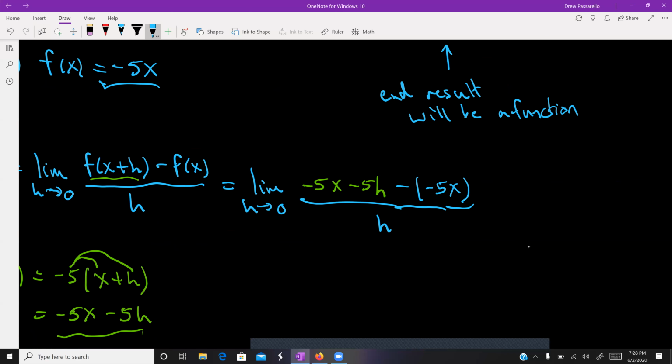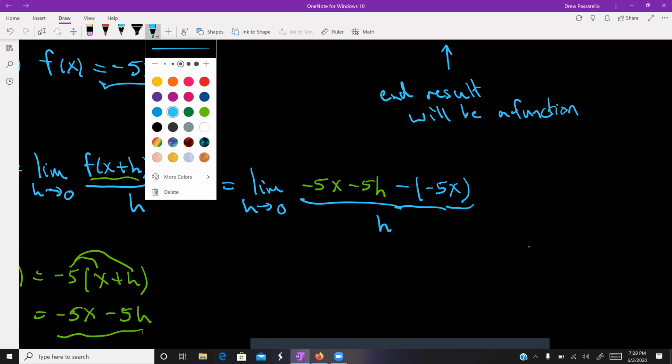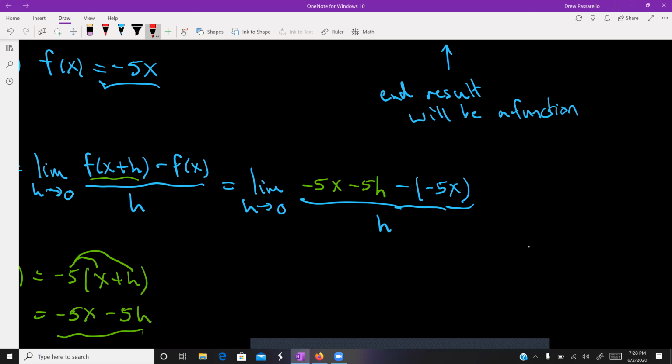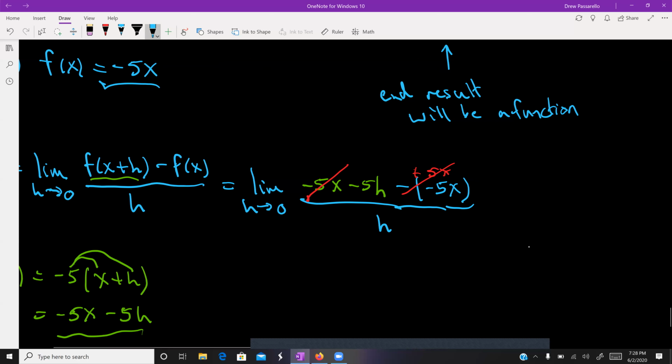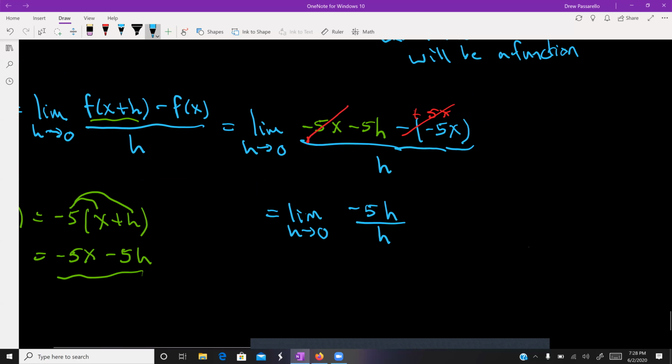All right, and so these two negatives make a positive, so really this is like plus 5x, but since I have a -5x, I can cancel that out with the plus 5x, and that gives me -5h divided by h. And then the h's divide out, so you get -5.